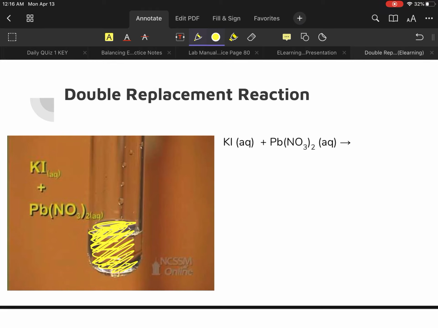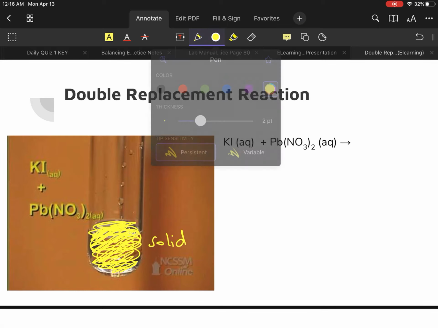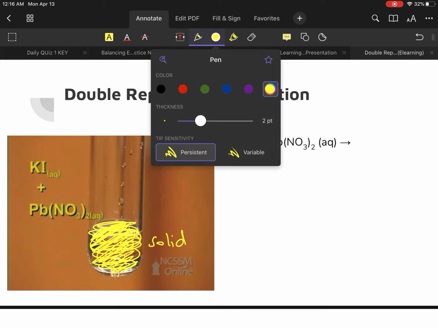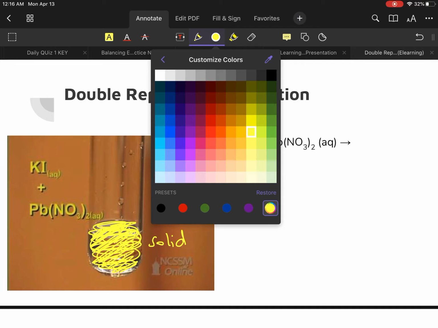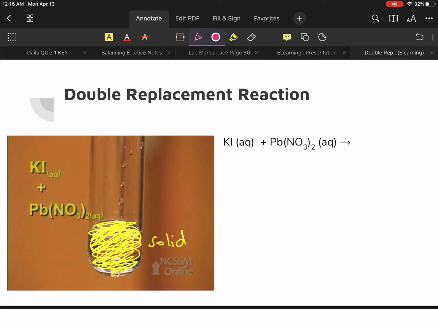And it actually is a solid yellow substance, and I'll just write solid so you know. We know that a chemical reaction occurred because we had this color change, and we also had a precipitate form. So we know that there's some kind of reaction going on.